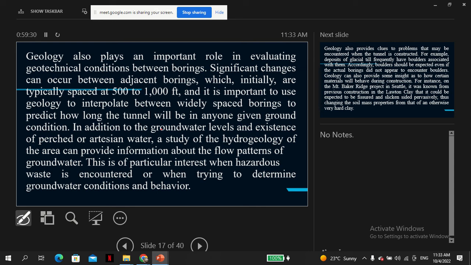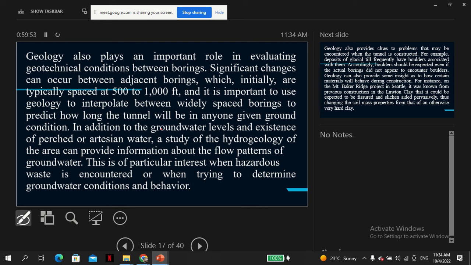So again, you need to be aware: groundwater is important, the patterns of flow, if there are wells, artesian well or not. There could also be just patches of water rather than continuous running water. You need to be aware.